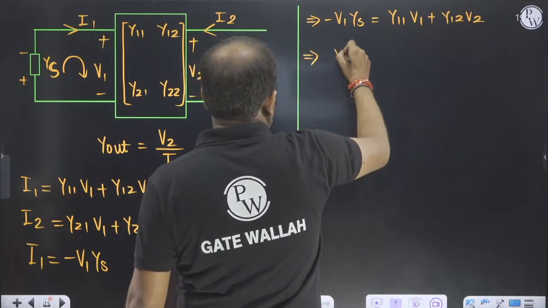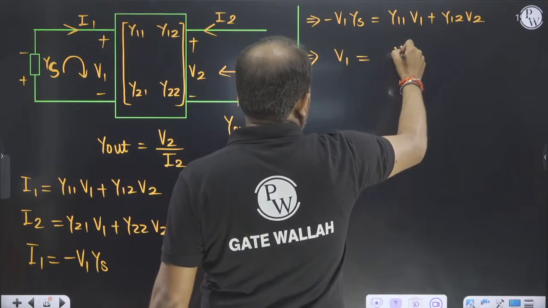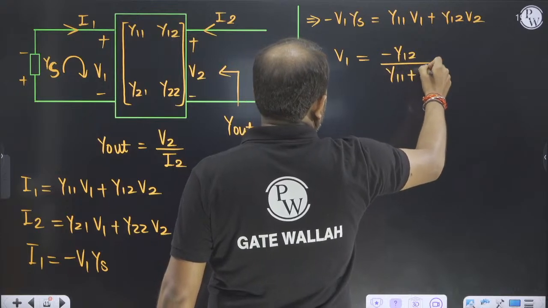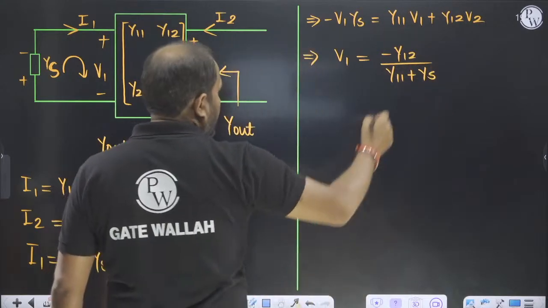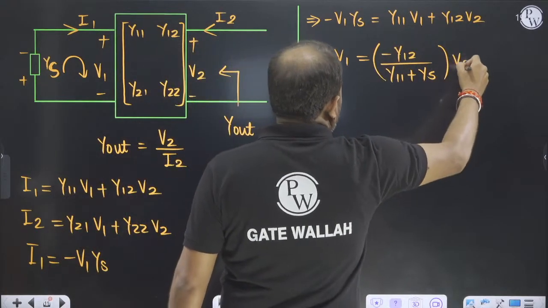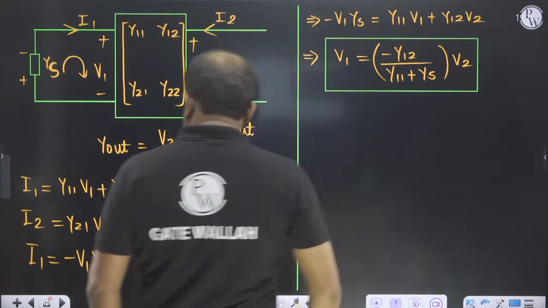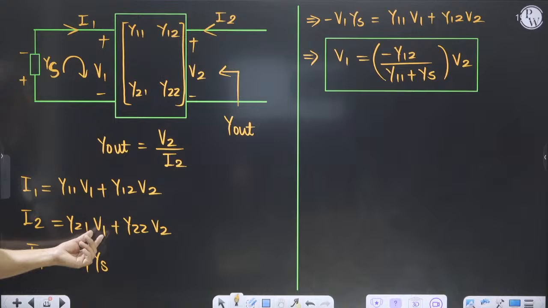So V1 will be equal to minus Y12 divided by Y11 plus YS, into V2, and it will be put in equation 2. So V1 will be replaced by that expression in equation 2.